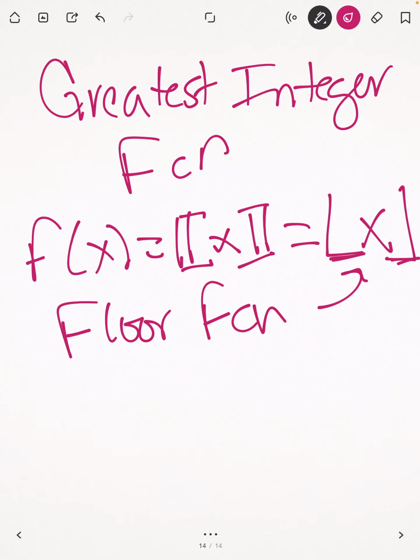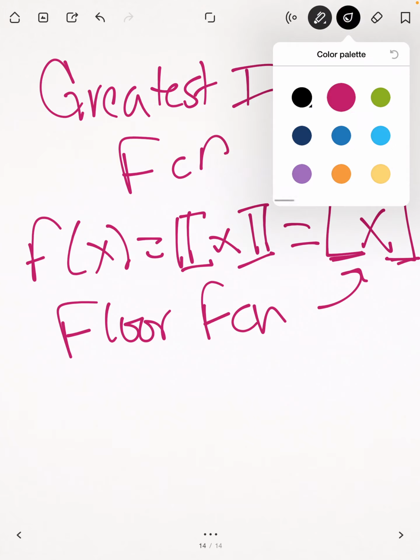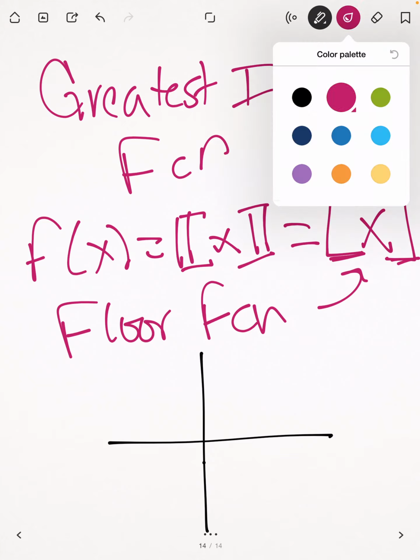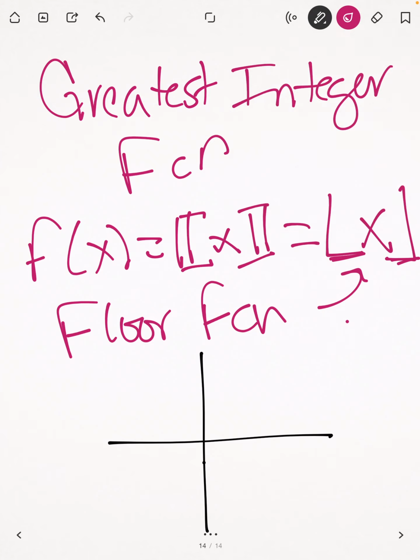And what that means is whenever we graph our function, we always take the greatest integer less than our value. So 0 is an integer, and if I'm at a half, my greatest integer less than that is 0.